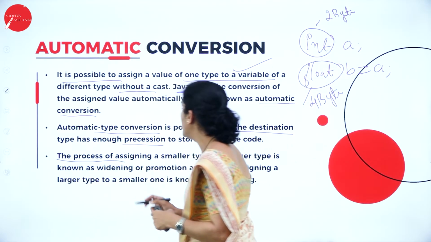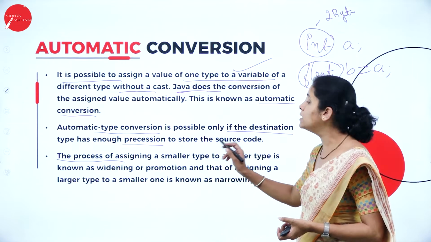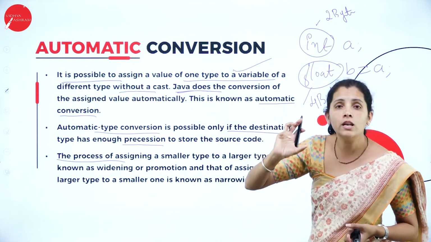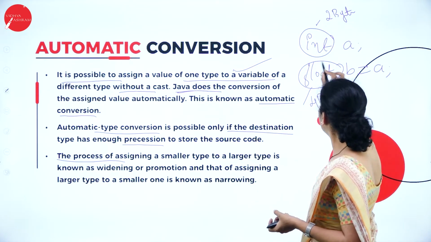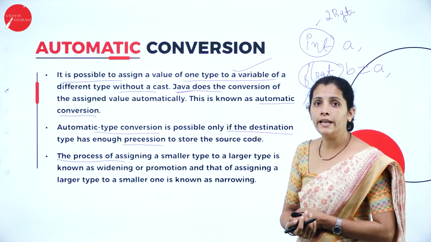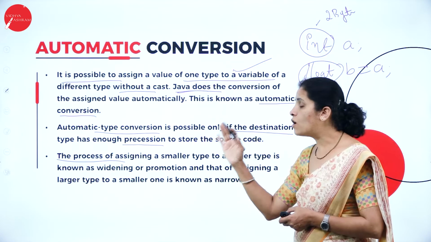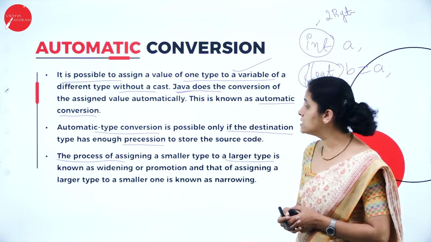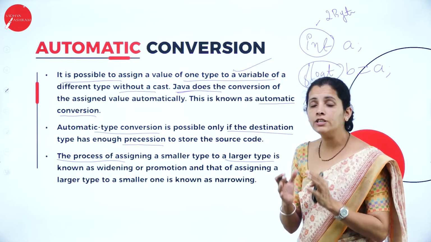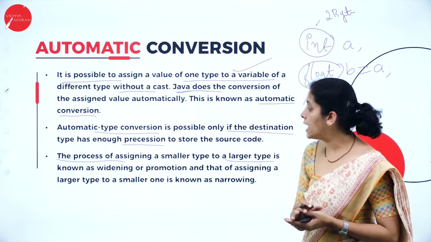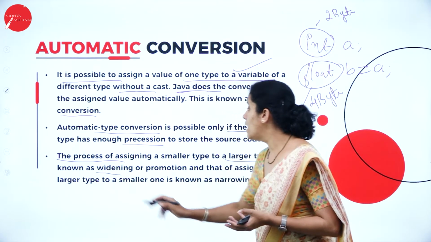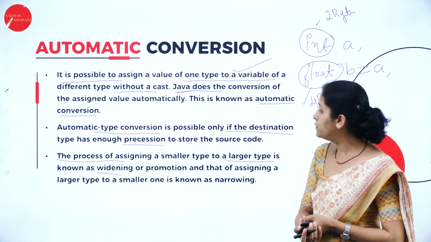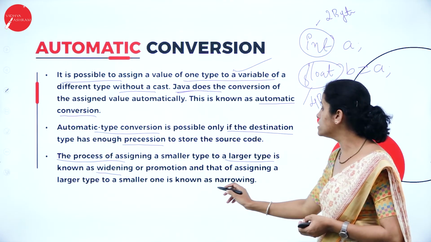This process of assigning a smaller type to a larger one: if I consider this example, integer is the smaller data type and floating point is the larger data type. The conversion of a smaller type to a larger type is called widening, or promotion, and assigning a larger type to a smaller one is known as narrowing.